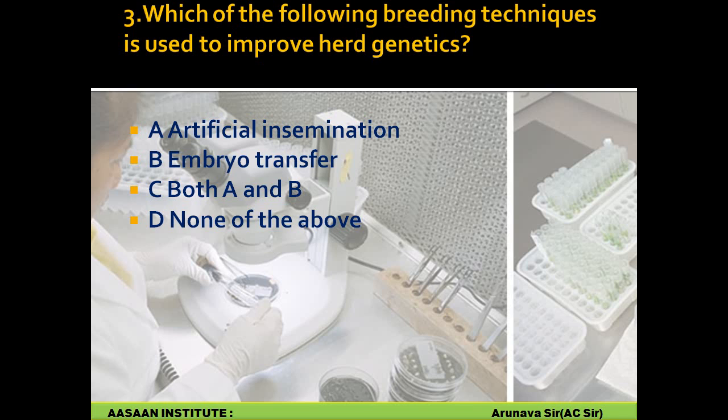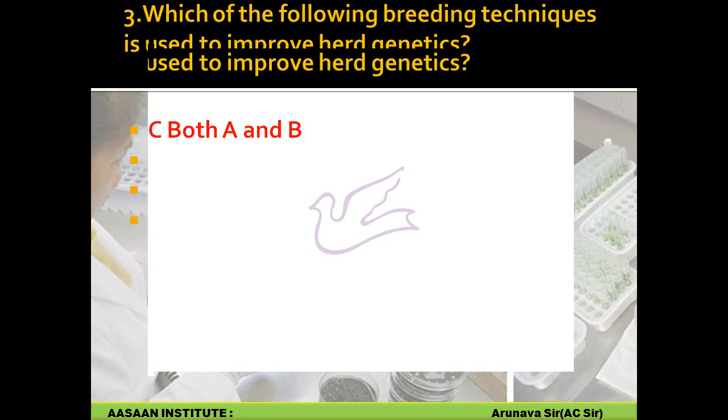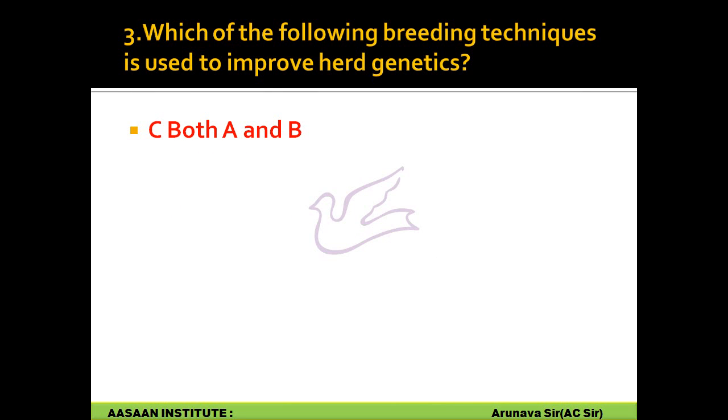Which of the following breeding techniques is used to improve herd genetics? It is artificial insemination and embryo transfer. Both are applied in this particular field. So both A and B, artificial insemination and embryo transfer, are the techniques used to improve herd genetics. Okay, now you go to our question number 4.